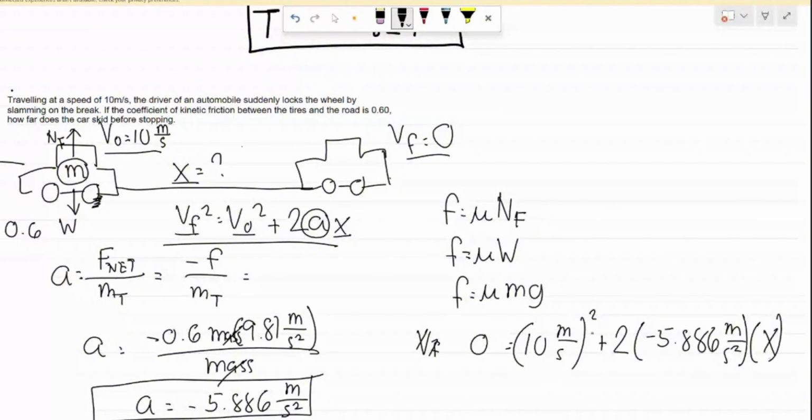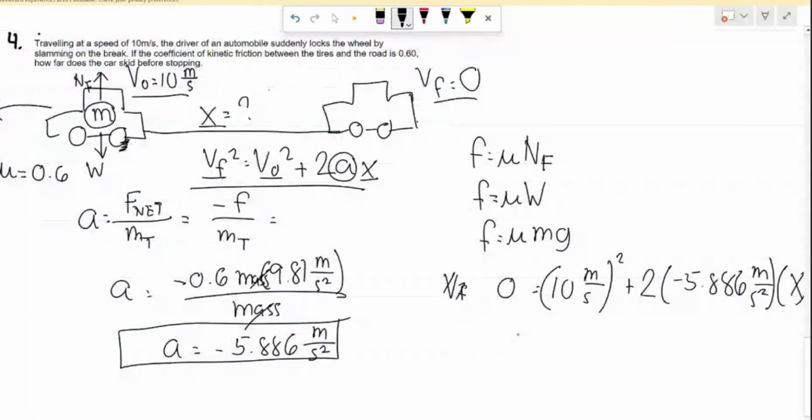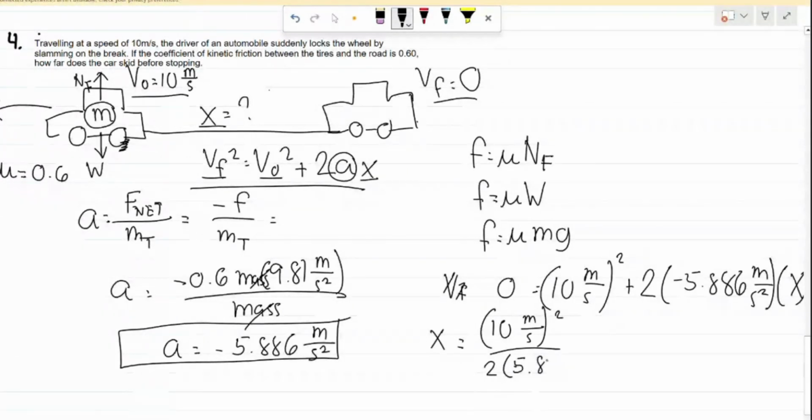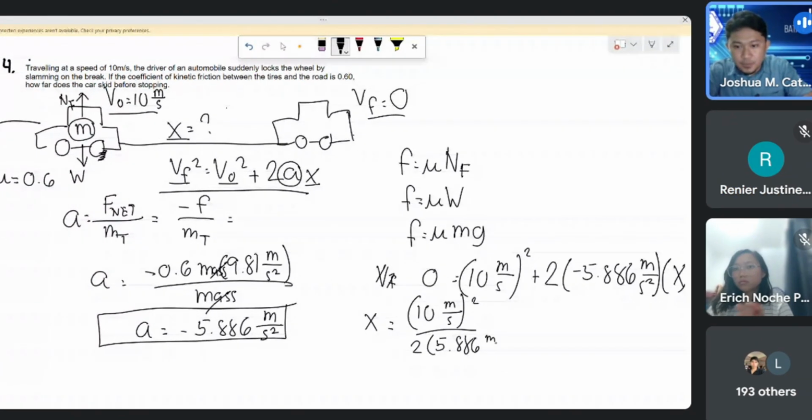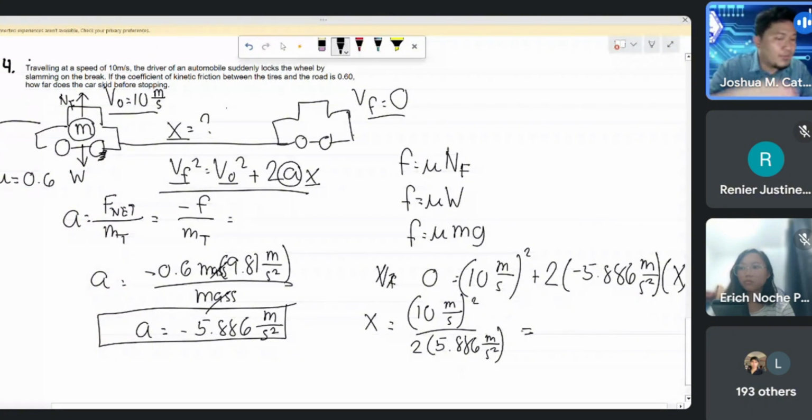So by multiplication guys, we can say that x is simply 10 meters per second squared, all over 2 times negative. So by the way, this would be positive na po. 5.886 meters per second squared. So what would be the value of our displacement?